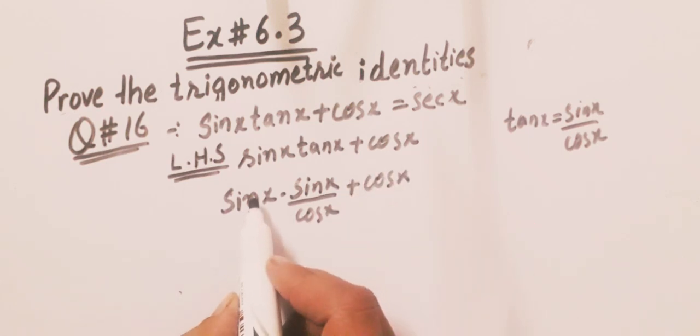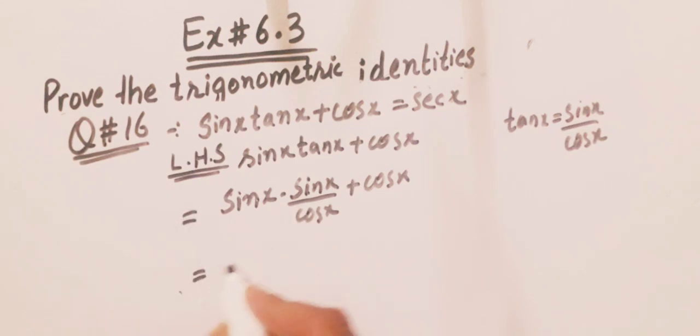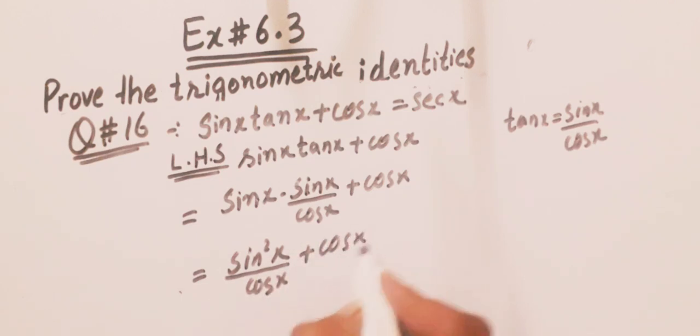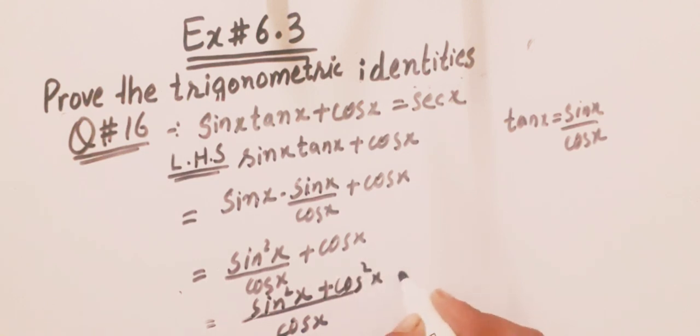So sin x into sin x will become sin square x by cos x plus cos x. Now we will take the LCM, that is cos x. So sin square x plus cos x into cos x, which will become cos square x.